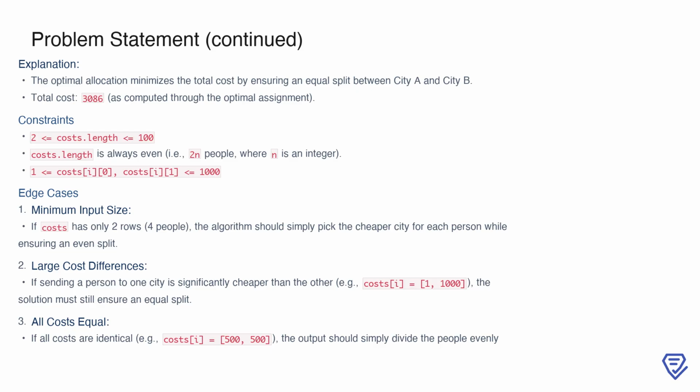There are 8 people, so 4 must be assigned to each city. The optimal allocation is determined by minimizing the total cost while maintaining this even split. After assigning the people to their respective cities, the total cost is calculated to be 3086. This allocation ensures the best balance between minimizing costs and dividing the people equally between City A and City B.